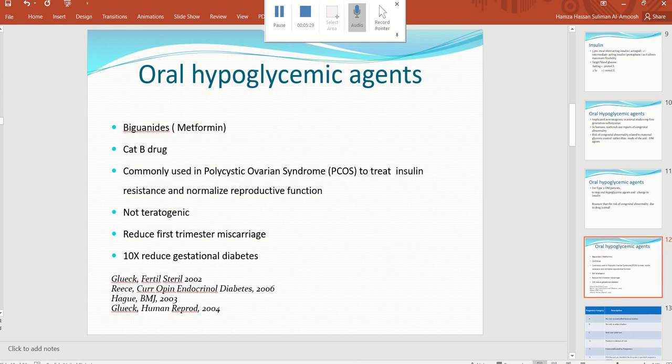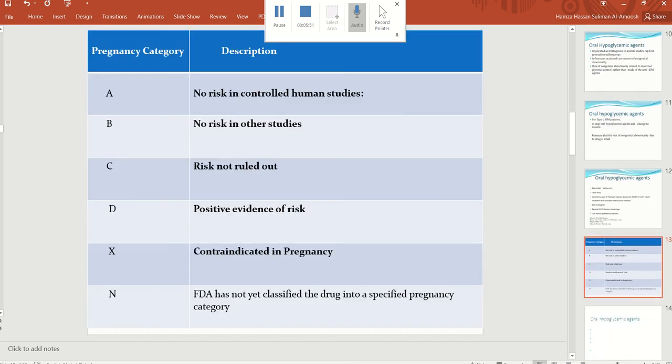Now, metformin is a category B drug, so there's no evidence that it affects the baby in pregnancy. It's not teratogenic. It reduces the first trimester miscarriage, and it reduces the incidence of gestational diabetes by 10 times. These are the drug categories.